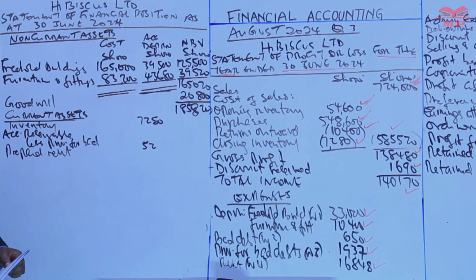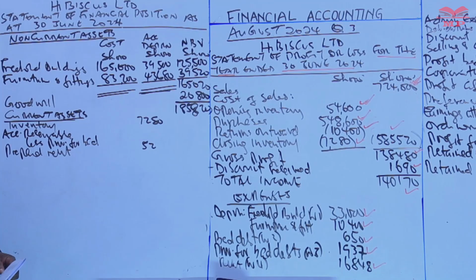I'm waiting for the accounts receivable. Anthony, what is the accounts receivable? What is the provision that we calculated? 42,770.